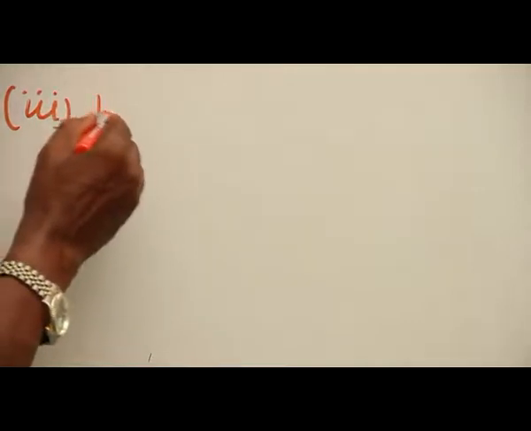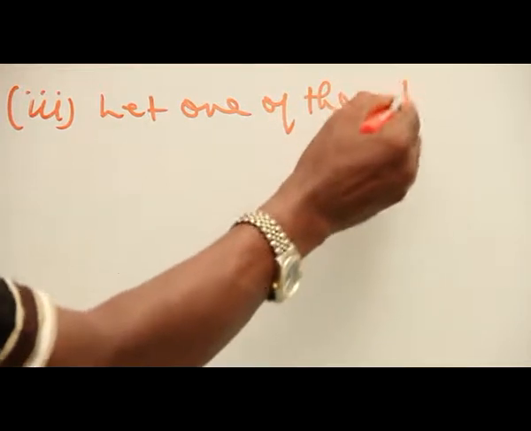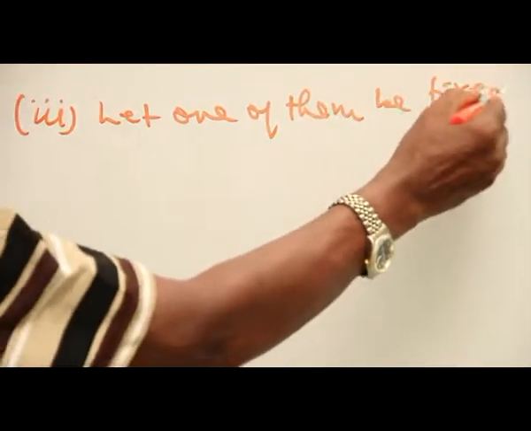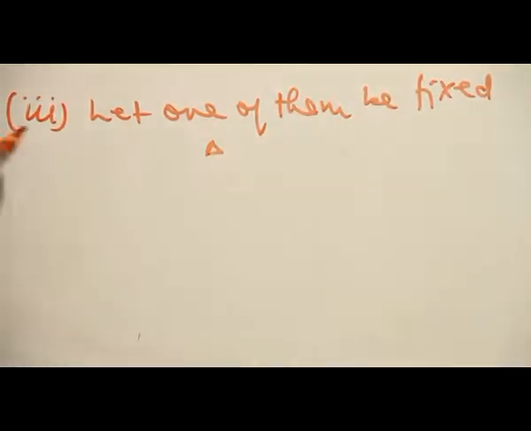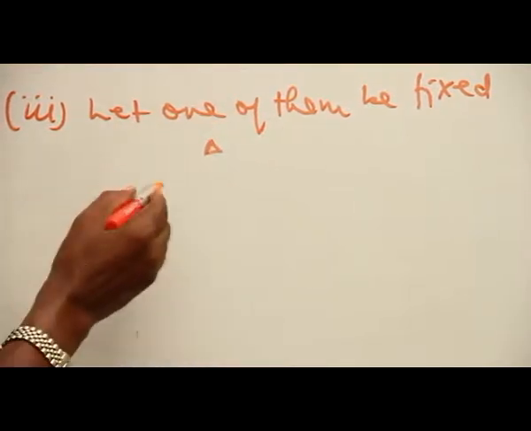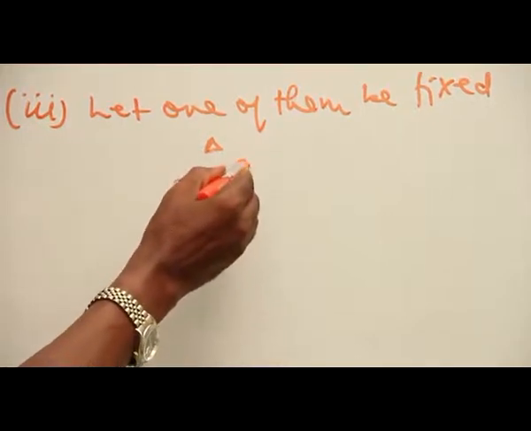Number 3, if the 2 people must not sit together, in how many ways can the people be seated? Let us practicalize this. First of all, let one of them be fixed. So let's fix this one here. Then let's keep the other person aside because they must not sit next to each other. So the other 3 people, one can be here, one can be here, one can be there.